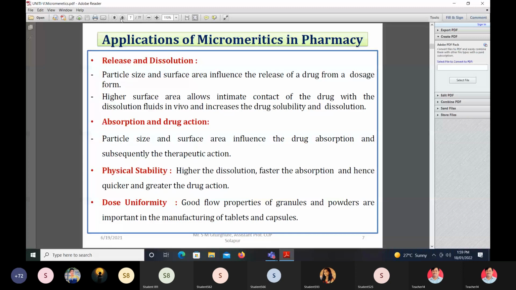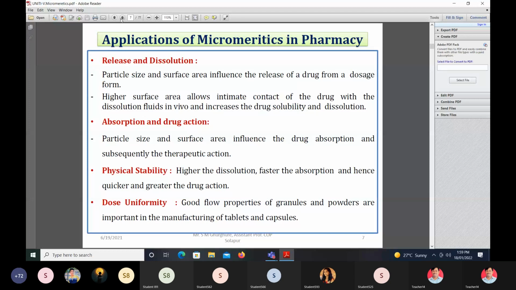Then the different applications of micromeritics in the field of pharmacy. First, the release rate and dissolution rate of the drug depend on the size range of the particles, because particle size and surface area affect the release of the drug from dosage forms.